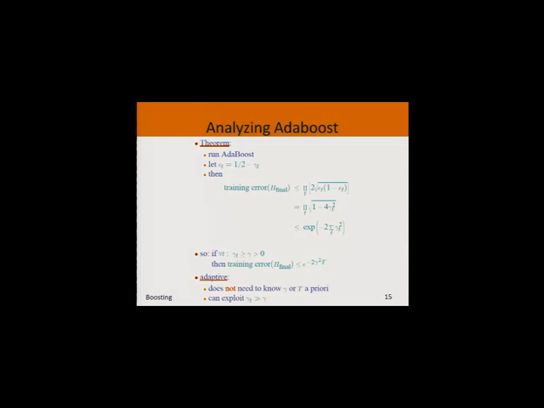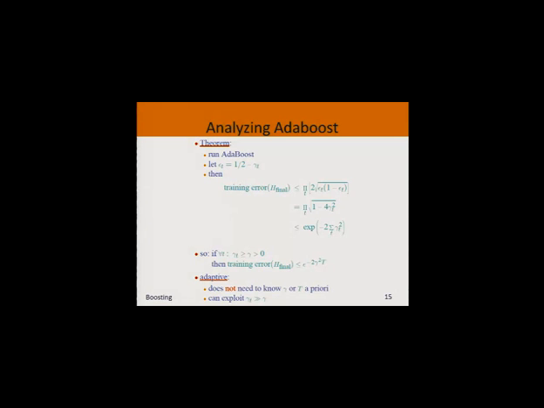What does that mean? Let's just simplify it even more, even though we can understand it here. Let's assume that there exists some gamma greater than 0 but smaller than all the gamma t's, which I can always do, right? If T is 1700, I can find a gamma between all the 1700 gamma t's and 0. Then the training error, replacing all the gamma t's here by gamma, is less than e to the minus 2 gamma square capital T, right? So I replaced all of them by gamma.